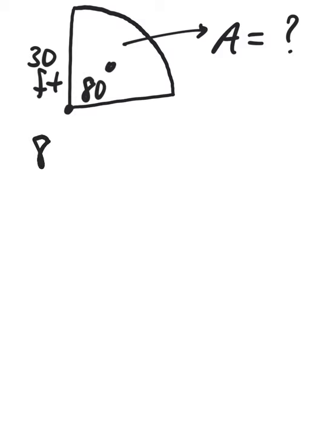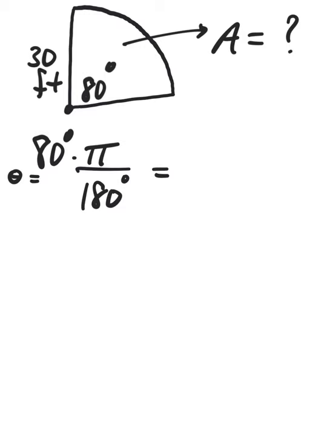This is a good review because 80 degrees times pi over 180 degrees. 80 over 180 reduces to 8 over 18, which further reduces to 4 over 9. So this angle in radians and reduced is 4 pi over 9 radians. And that's the format we need it in.